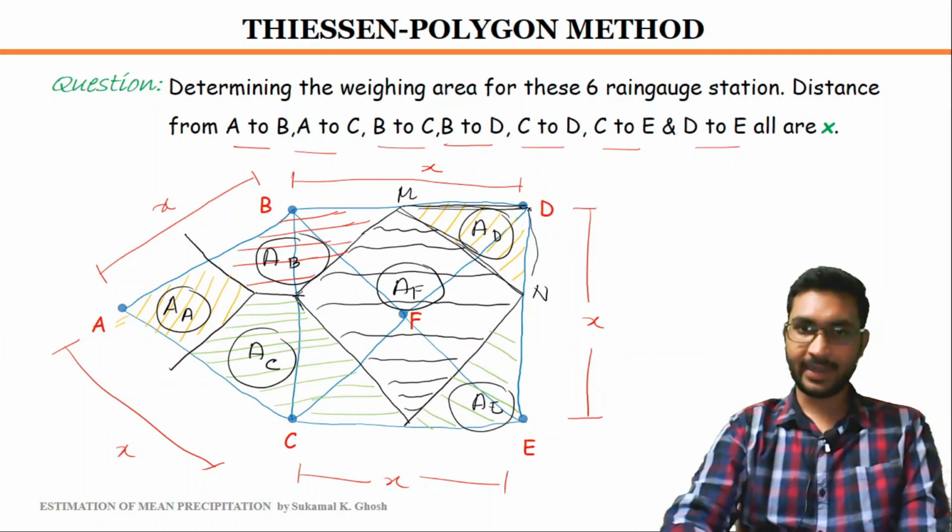This DN is the height, and DN will be simply x by 2, because this is the bisector, and here also this MD will be x by 2.